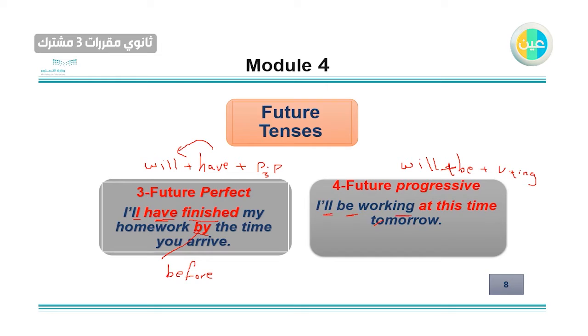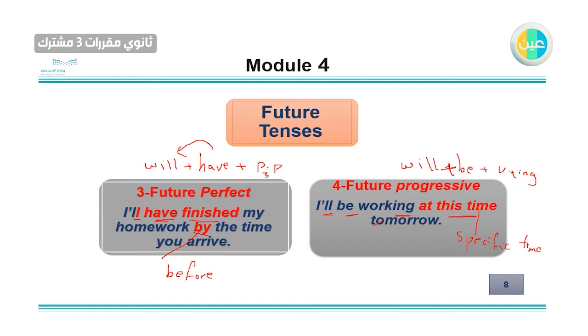At a specific time in the future. So at this time, exactly a specific time. Okay? So here you should have a specific time in the future, not just tomorrow. At this time tomorrow. At 9 tomorrow. Okay? Specific time in future.